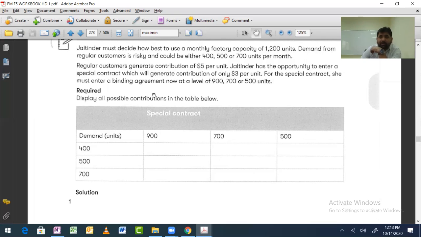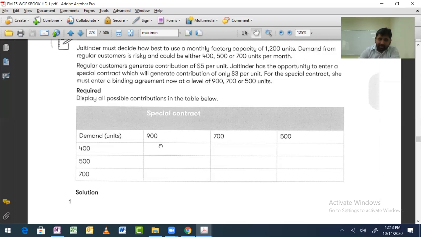Now for the special contract, she must enter a binding agreement now at a level of 900, 700 or 500. So now this is the choice. Either you can go for 900 or 700 or 500. Display all possible contributions in the table below.